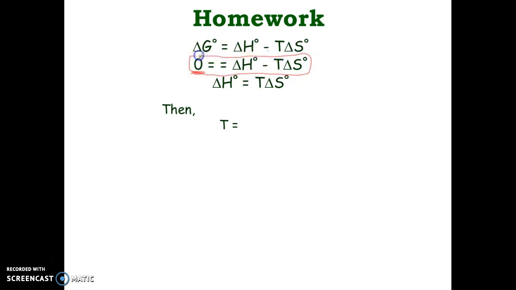And I can just ignore this 0 and move my T delta S over.